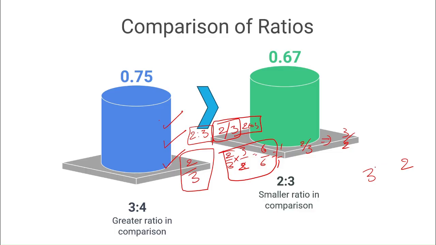You can simply say 3 is greater than 2, or sorry, 2, 3, you can say 2 is less than 3, or if you have equals, you can say 2 is equal to 2. So you know these symbols. How do you apply the same comparison to ratios? That's what we are going to do, and how it will be useful for you we can also discuss.